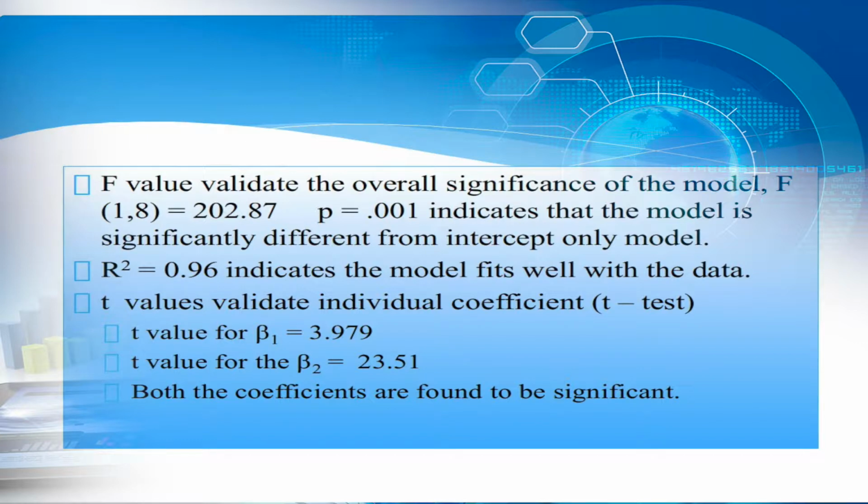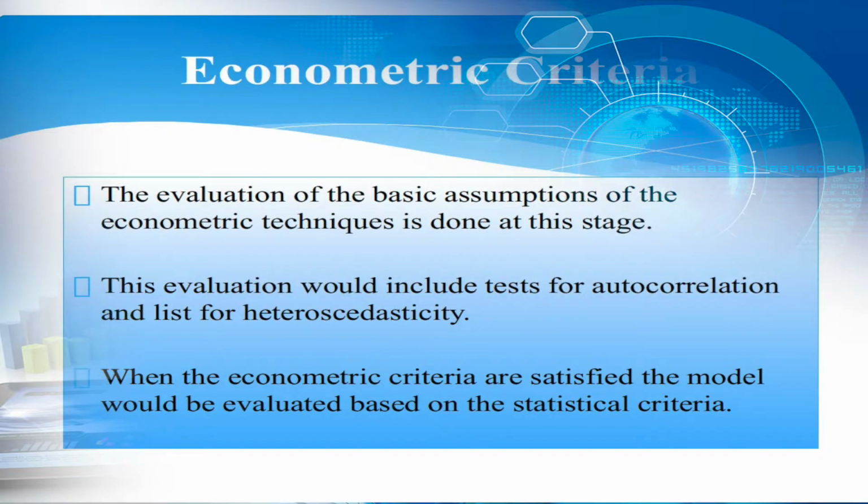Similarly, to validate the individual coefficients, t tests are used. In this model, the t value for beta 1 is equal to 3.979 and the t value for beta 2 is 23.51, and both of them are significant.